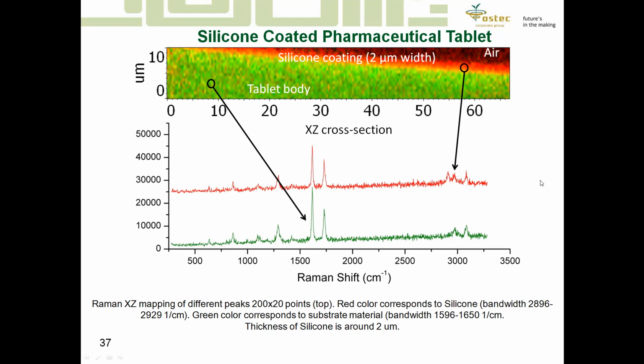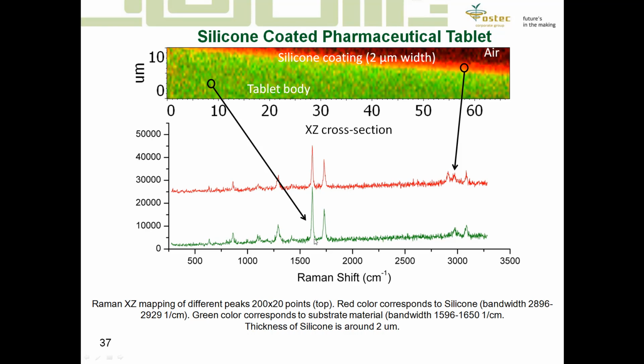And when we use an XYZ scanning stage, we can do XZ profiling. It's important when we need to know the structure of the sample in the Z direction, some depth profile. In this example we can see a silicon coating, about 2 micron thickness, on the top, because the Raman peak at about 2900 wave numbers clearly appears only on the top of the tablet, and according to literature it corresponds to some silicon coating.